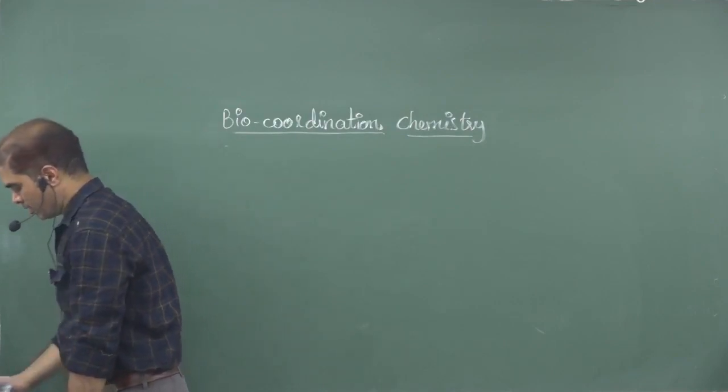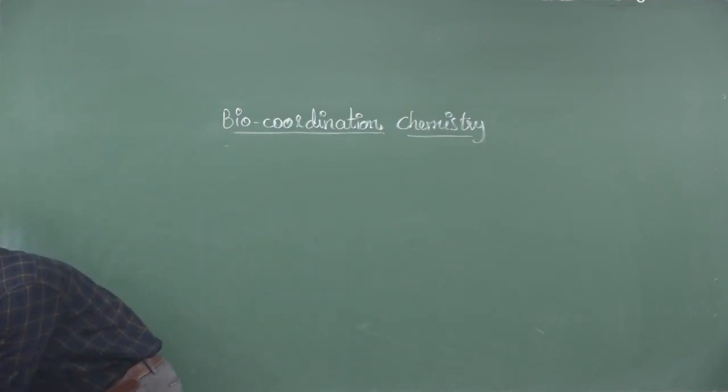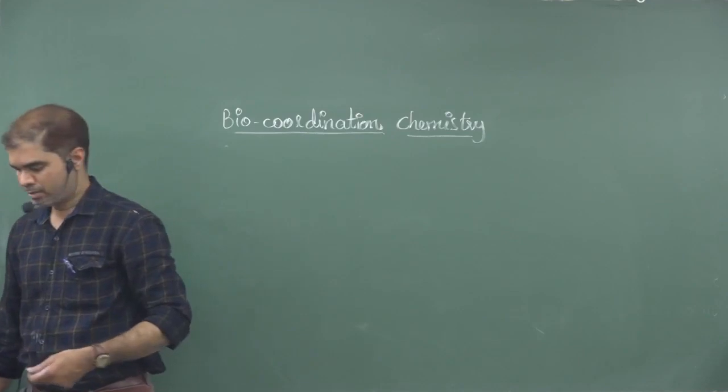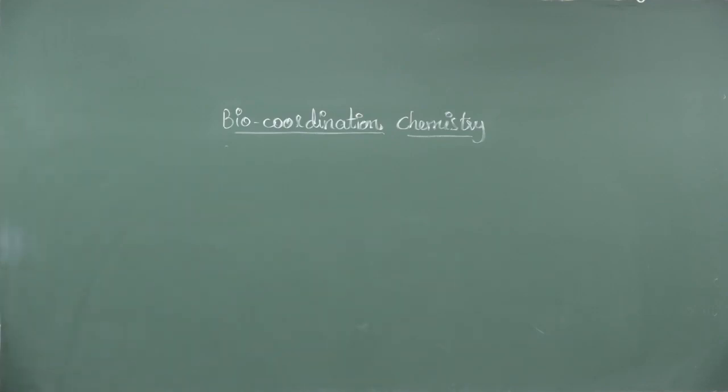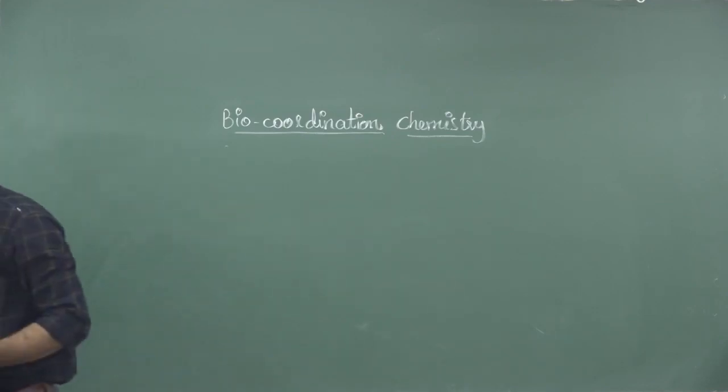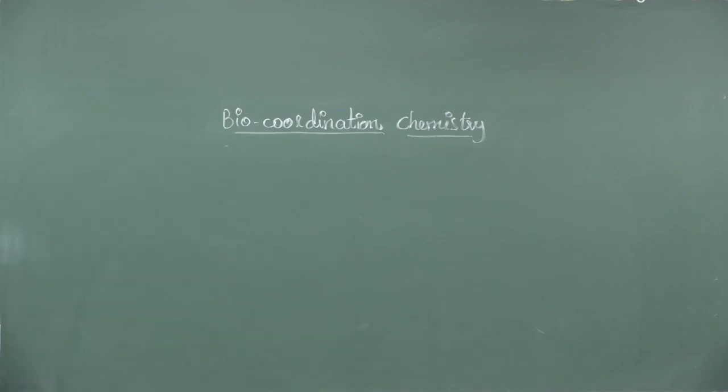Next, two lone pairs of nitrogens also participate in conjugation. This makes 26 electrons.